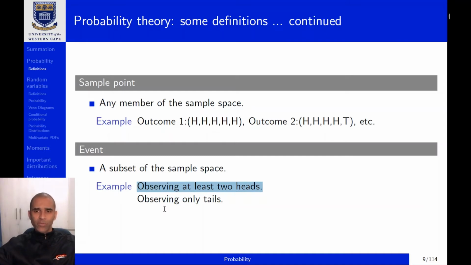There are a number of ways of observing 2 heads in the experiment of flipping a coin 5 times. So that event comprises several sample points, whereas observing tails only comprises a single sample point. Nevertheless, it is still a subset of the sample space, and thus is defined as an event.